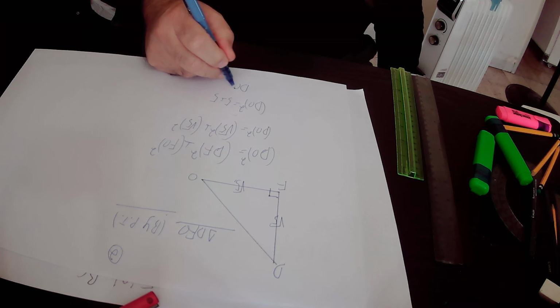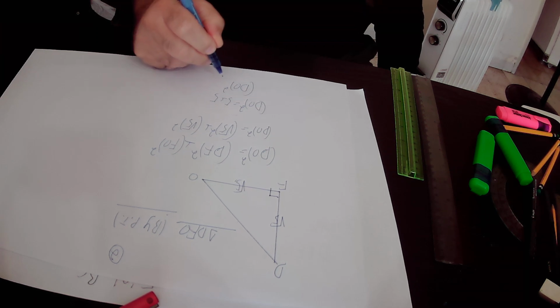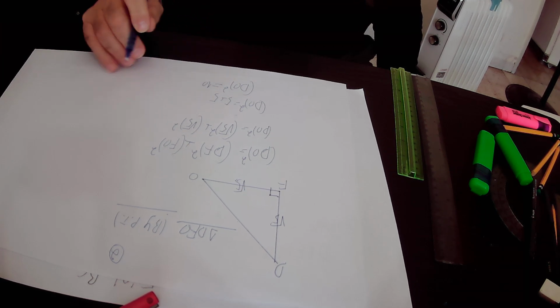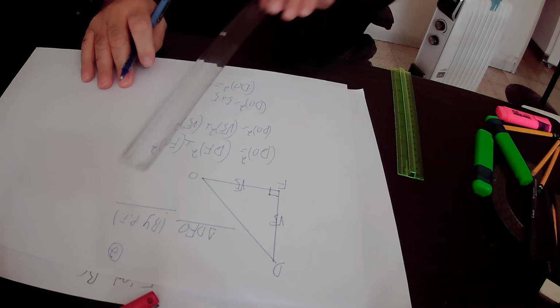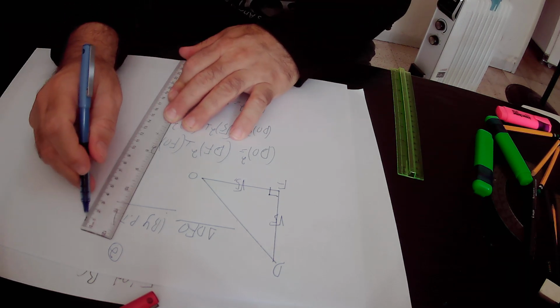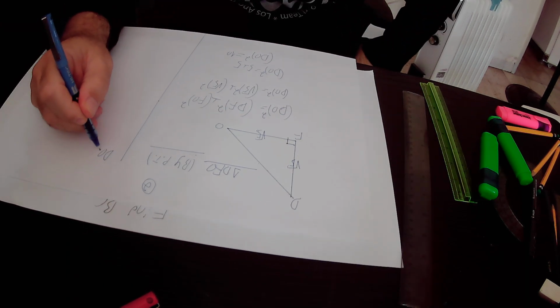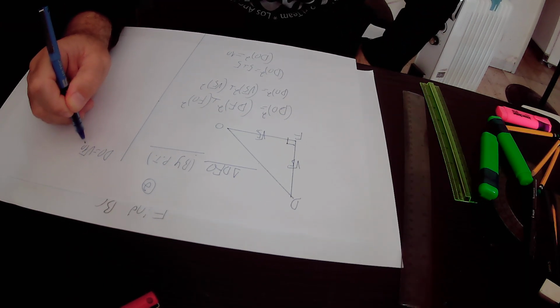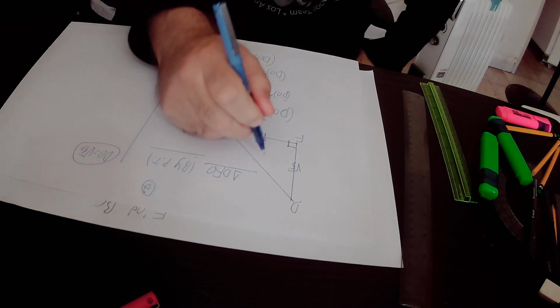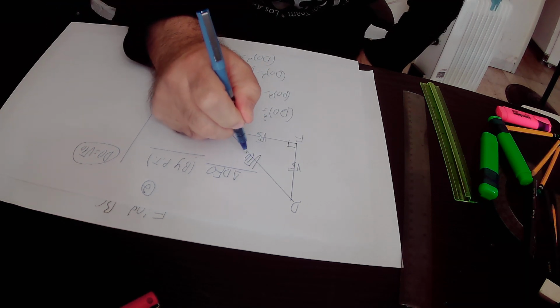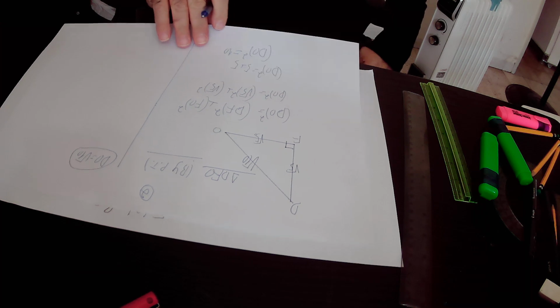So in conclusion we found that DO square equals 5 plus 5, that is 10. Here we'll take a root out of this equation and we'll get that DO equals the square root of 10 units. Therefore the hypotenuse is square root of 10 units.